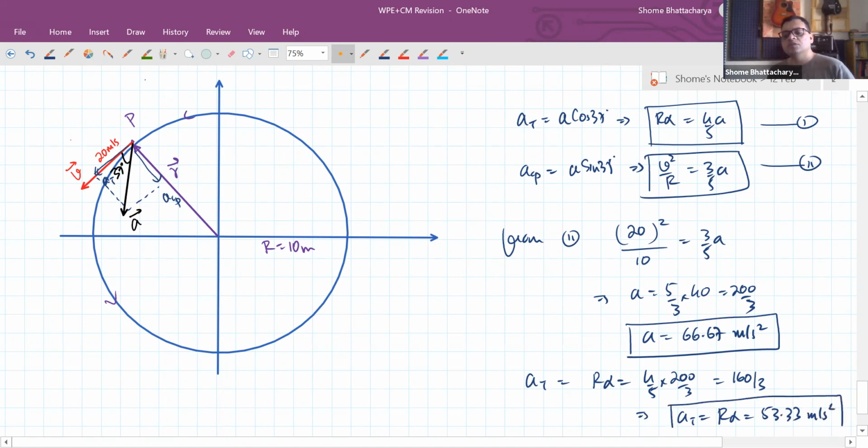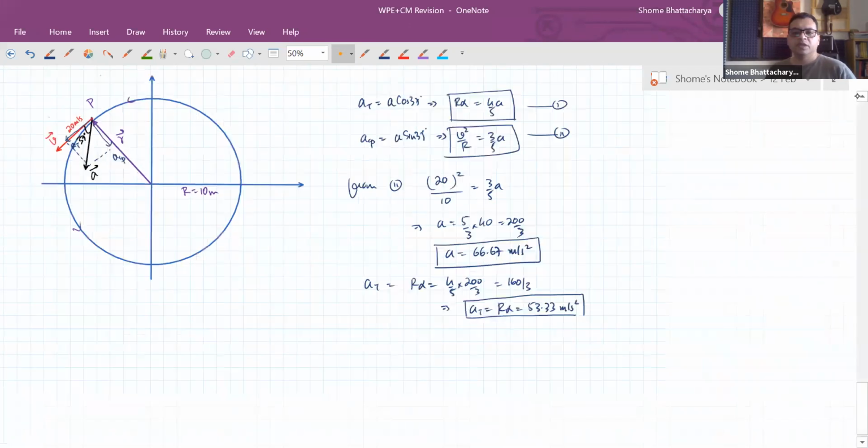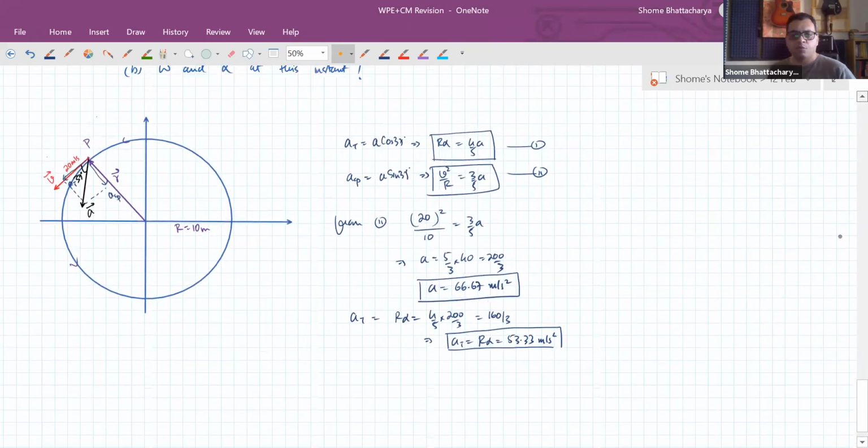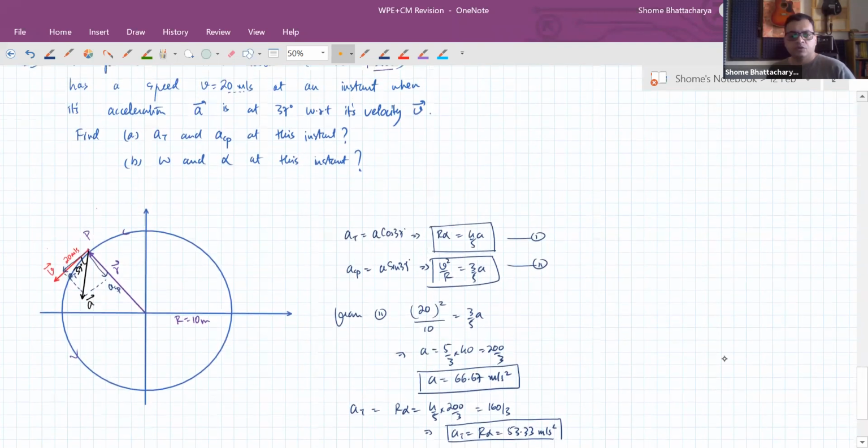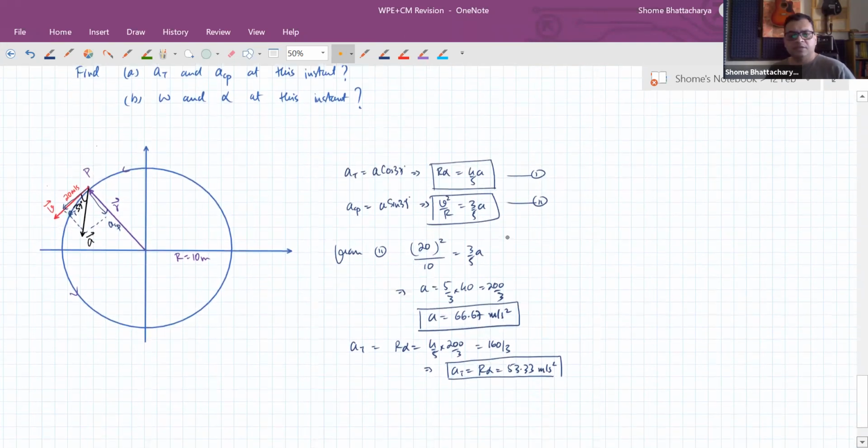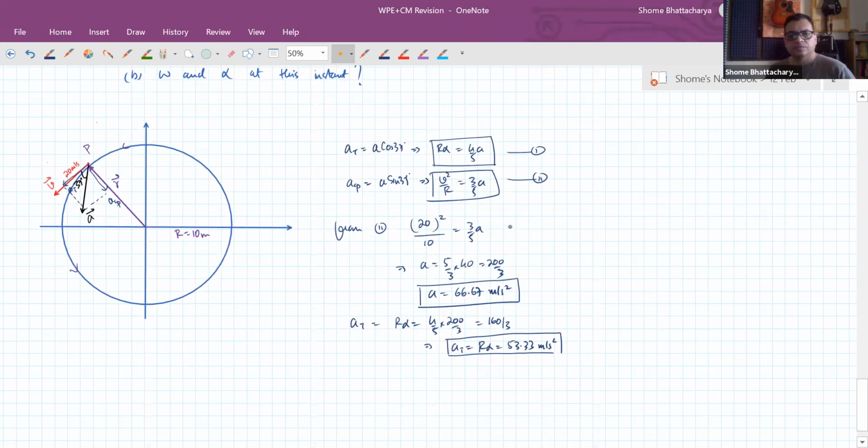Okay. And once you got this information, all the other information like the value of omega and alpha, etc., can be derived from standard formulae. So we got the centripetal acceleration. So we can see the centripetal acceleration is 40. We can see the tangential acceleration is so much, therefore the net acceleration is so much.